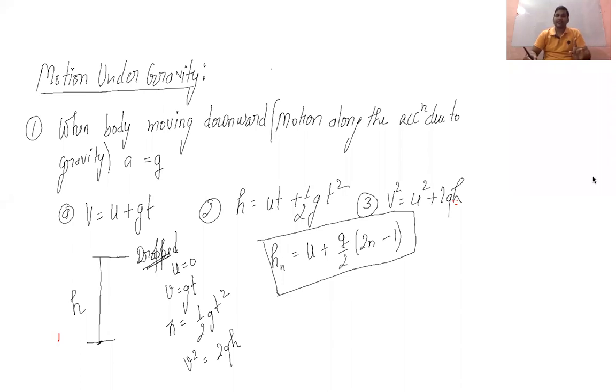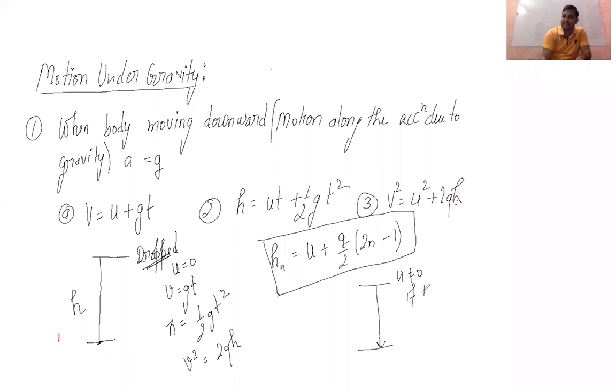Let's come to the second case, when the body is moving upward. Another case can be understood here. If any object is thrown in the downward direction, then u can't be 0 because it is thrown.